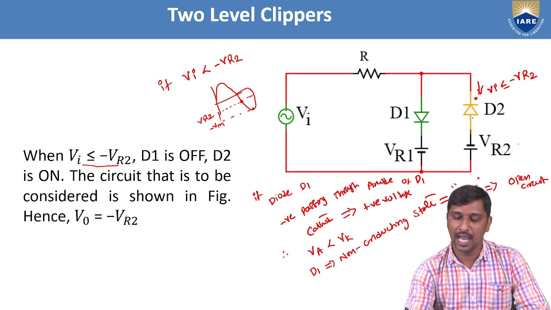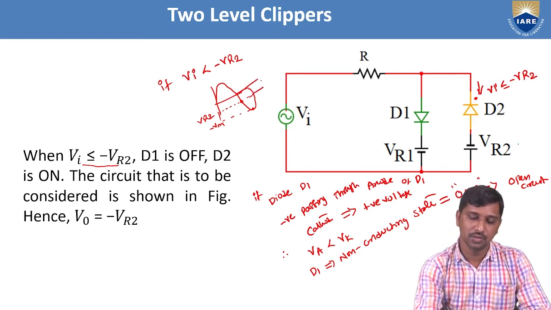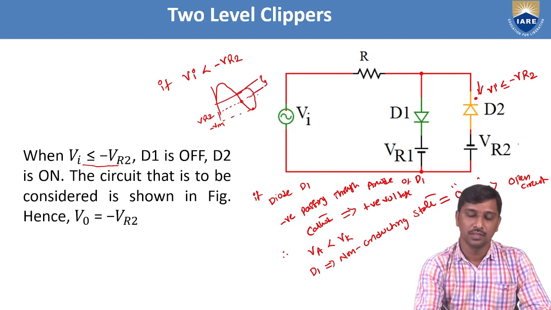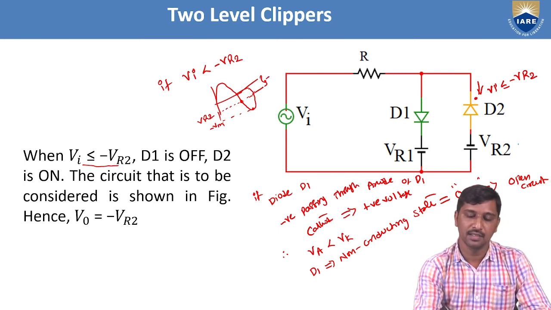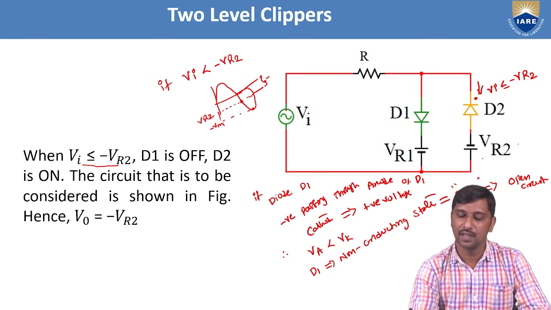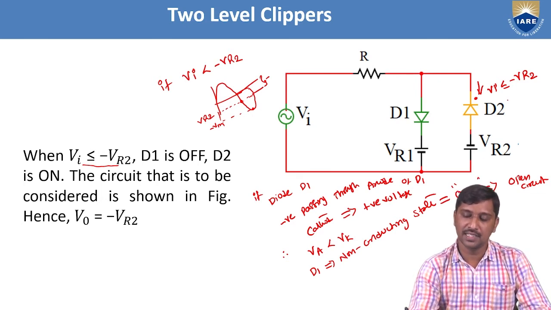But the anode side of D2 is connected to VR2. So from this point, what happens here? This region acts as a more positive voltage, compared to your VR2. This is more positive compared to this voltage.